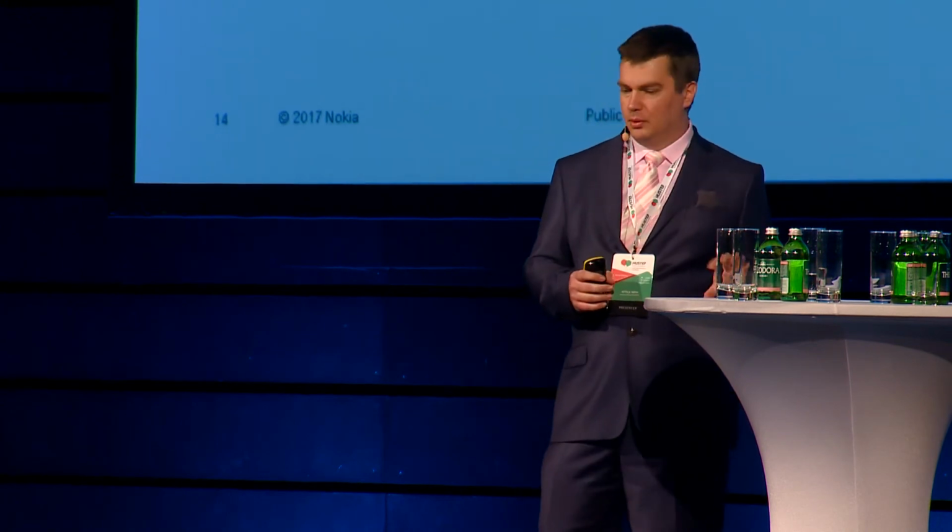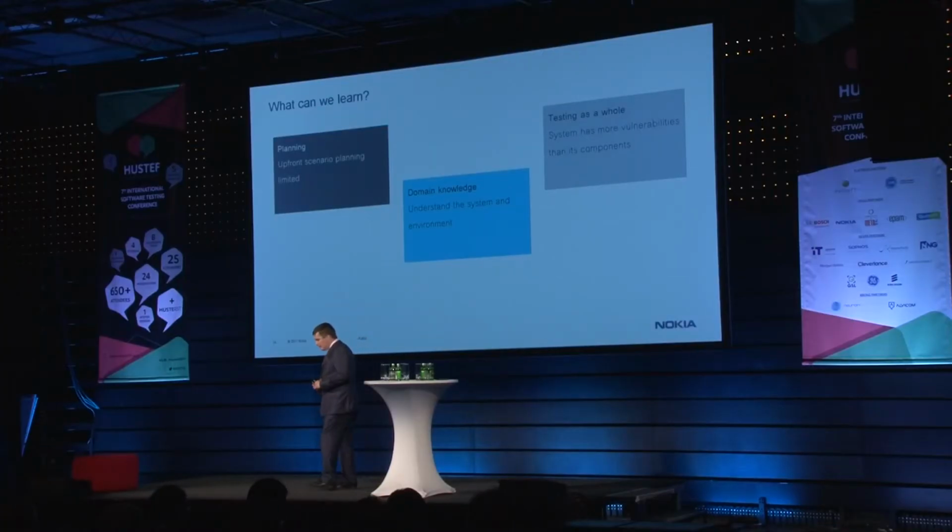Then the other takeaway is that we need to have a phase where security testing tests the whole product or system that you have, the final product, not just the small components themselves.